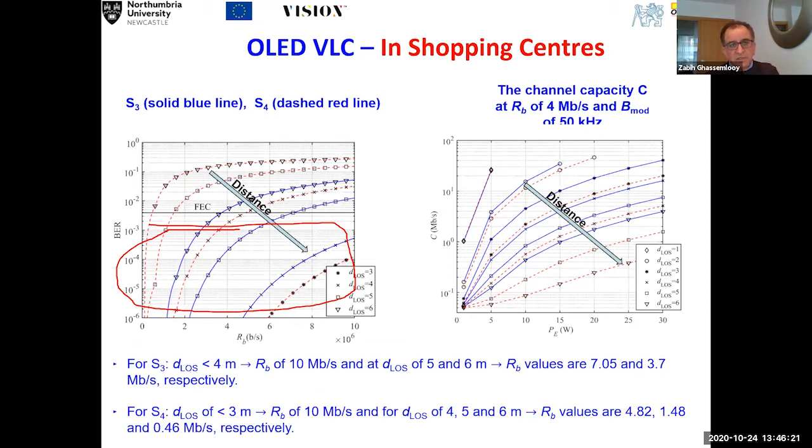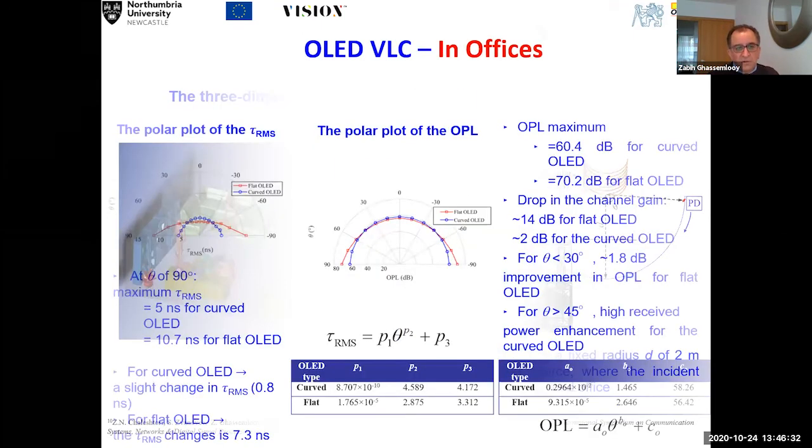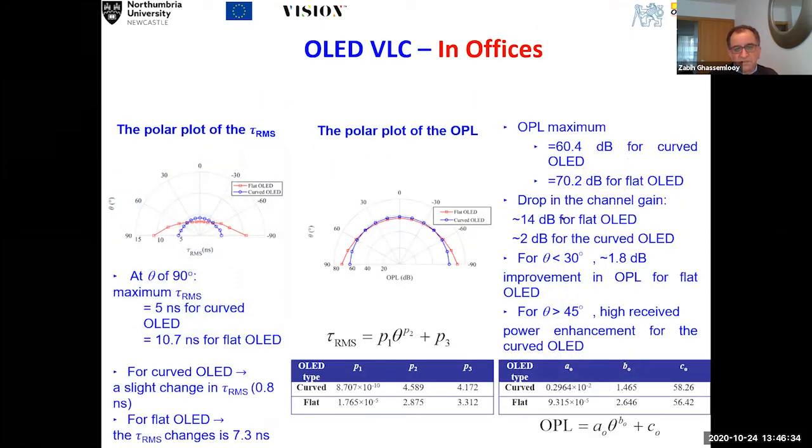Then we did three-dimensional simulations of the environment, again using curved systems. We looked at the beam profile, and you can see that curved and flat are again almost the same, whereas in this case the curved one is much more focused around a very small angle, which is expected anyway.